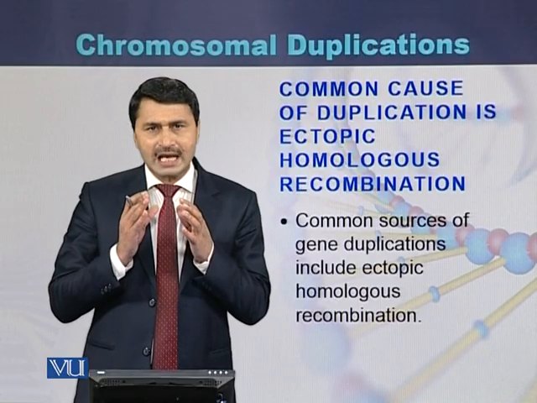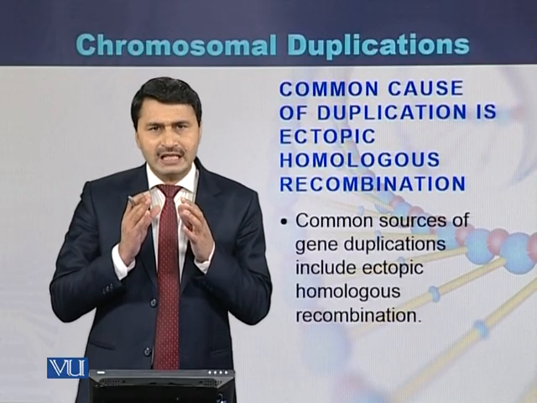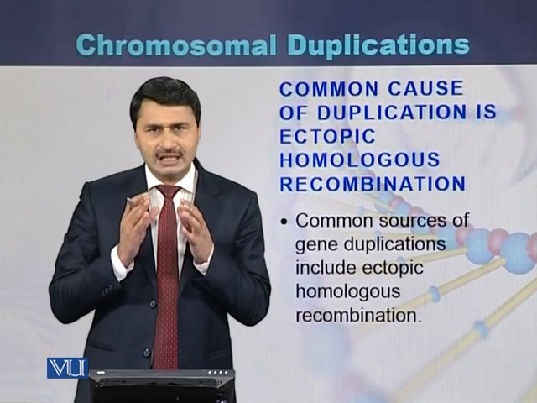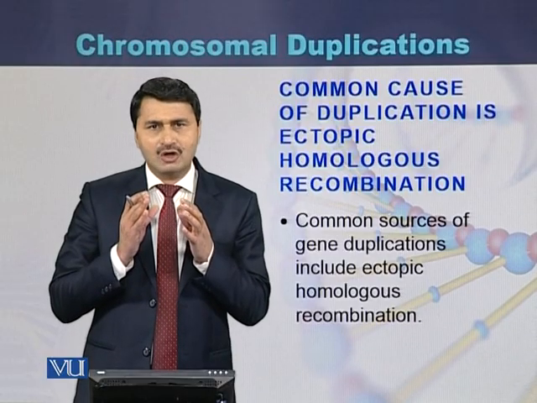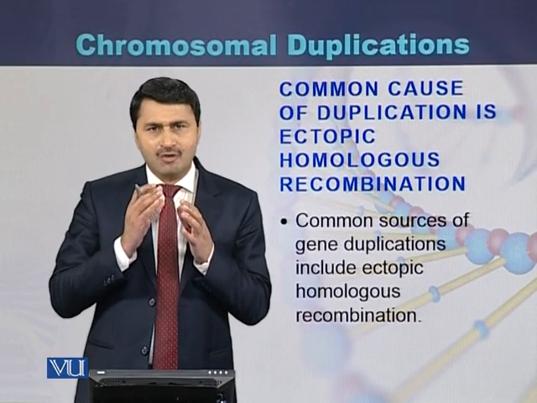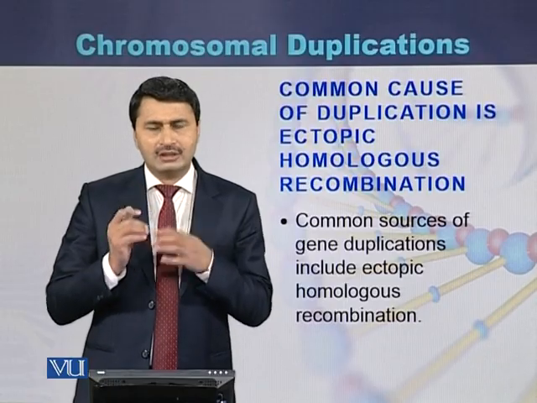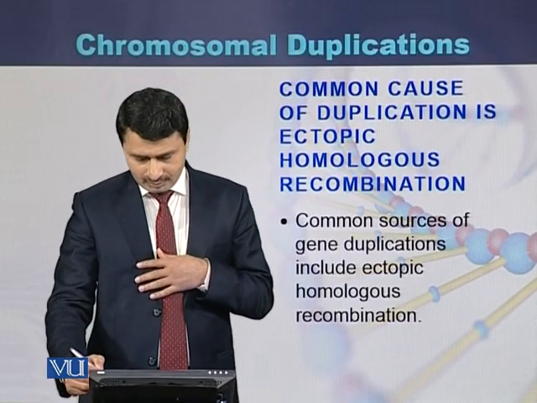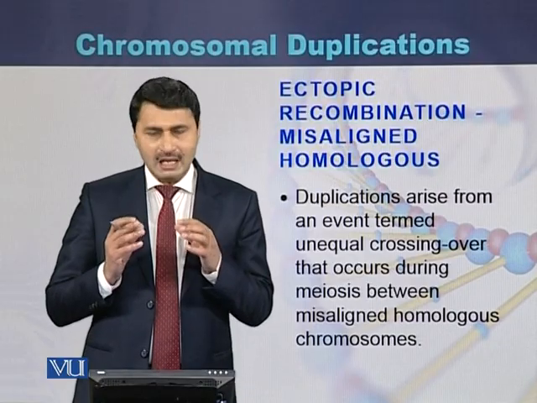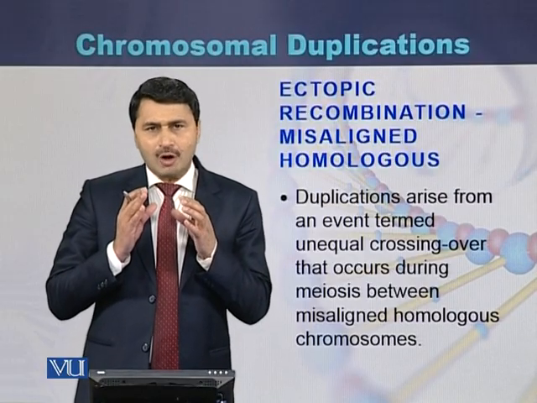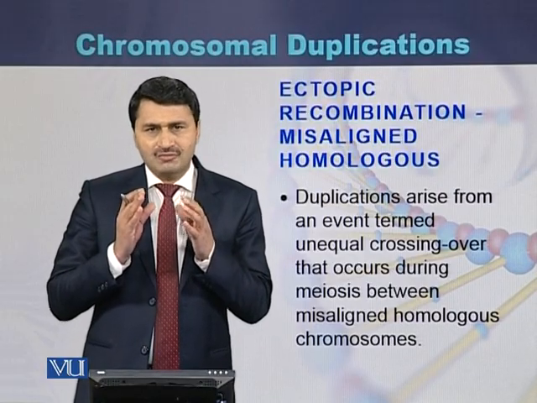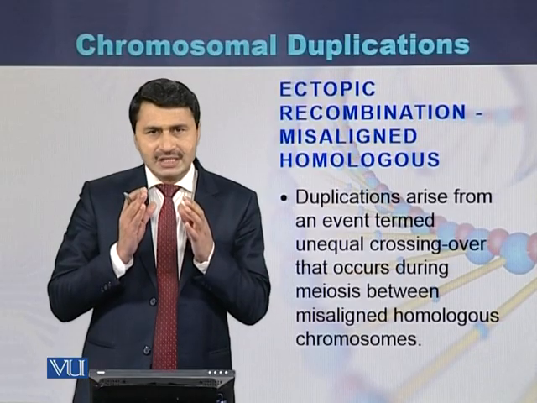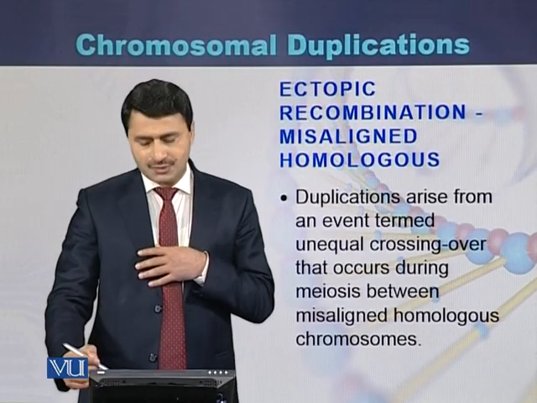But in this type of recombination, they misalign with each other and there is exchange of genetic material from one chromosome to another chromosome. Ectopic recombination occurs due to the misalignment of the chromosomes.